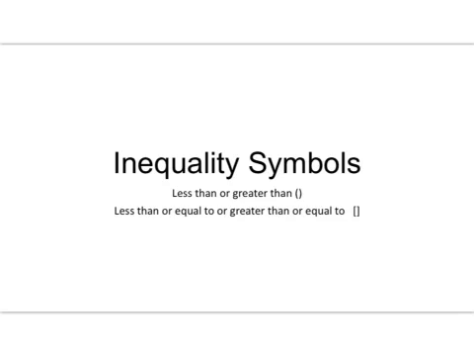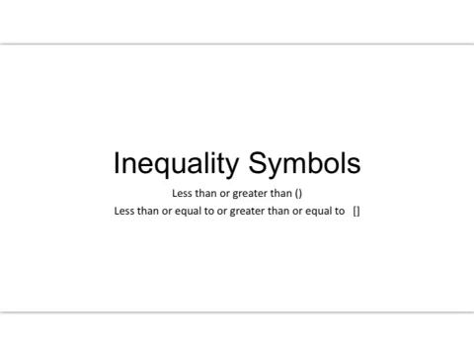Let us review our inequality symbols for graphing. First, you may recall using open and closed circles. However, during this exercise, you'll be using the parentheses or the bracket. First, the parentheses.